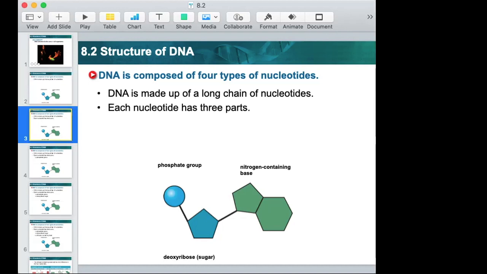There are 3 main parts to the nucleotides, which you can see in the diagram down there. So you should draw this diagram too and understand these parts. I'll go through each of them.